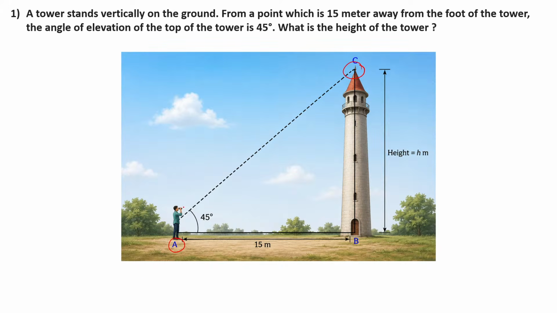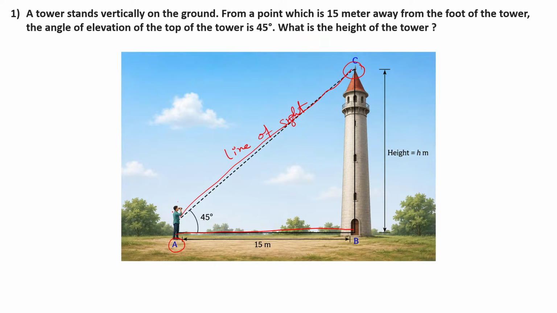Now, this dotted line which you can see on the screen is called the line of sight. And the ground level which you can see at the bottom is called the horizontal line.